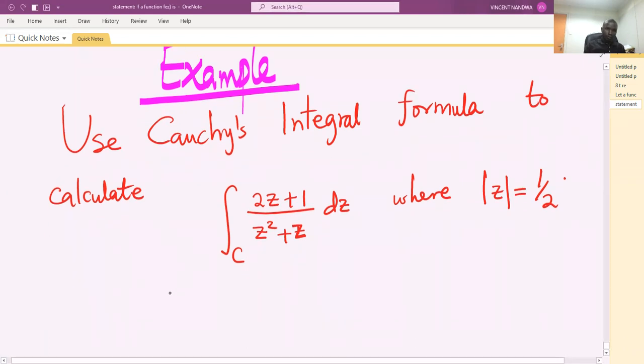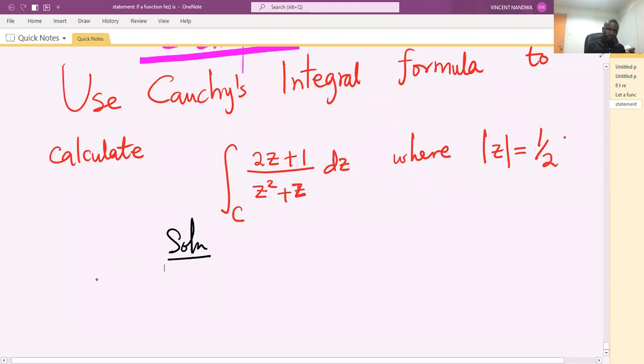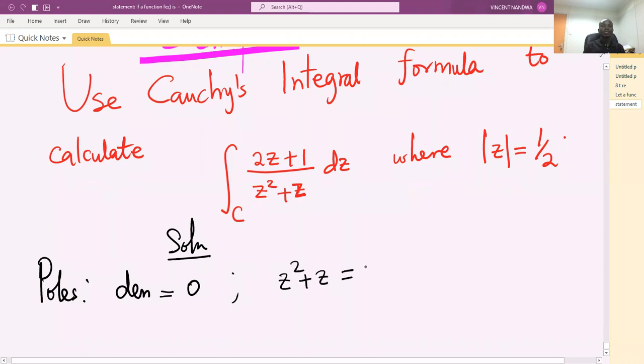So solution. First, we find the poles, which are obtained by taking the denominator and equating to 0. So z squared plus z equals 0, which is the same thing as saying z into z plus 1 equals 0.